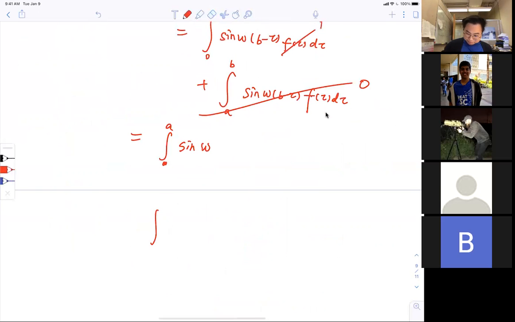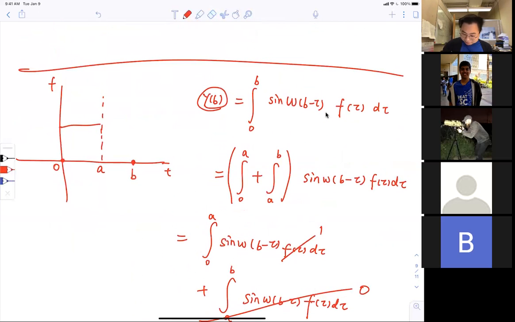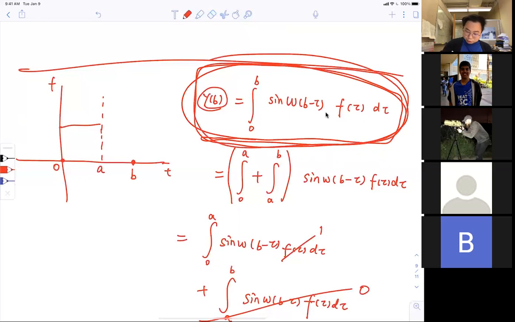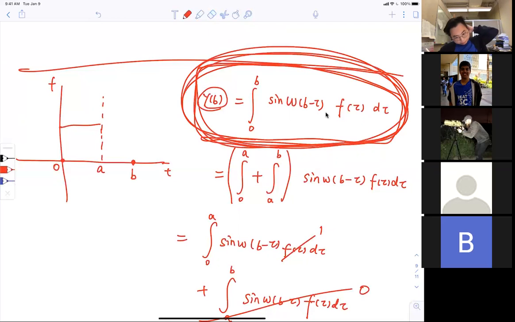So let's go back to this. So basically, yes. The only integral you need to do is this integral. Yep. Nothing else. Okay, let's say I have a person.